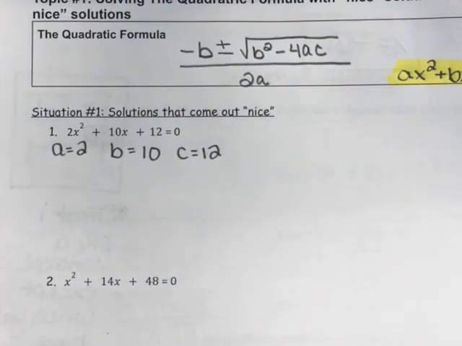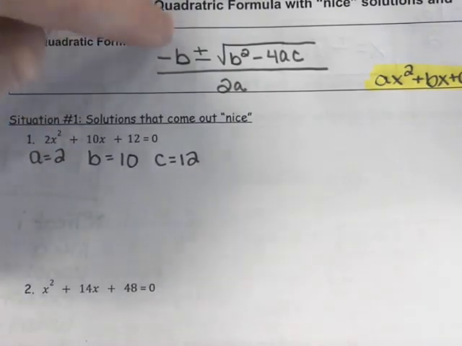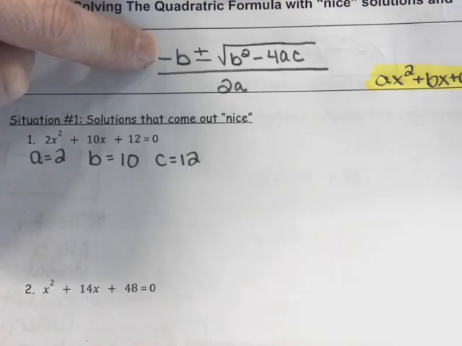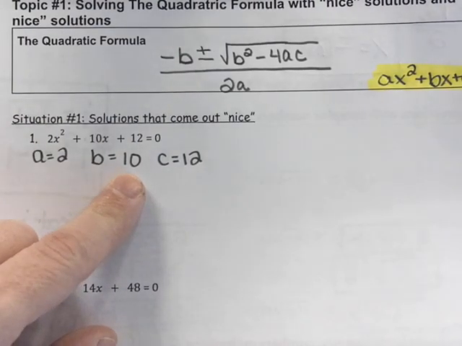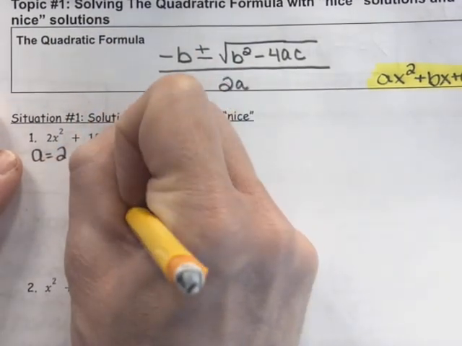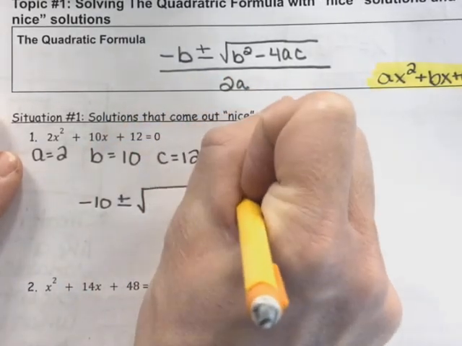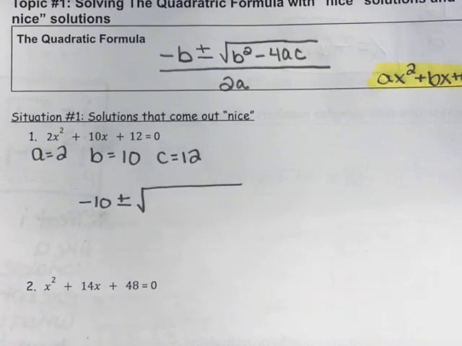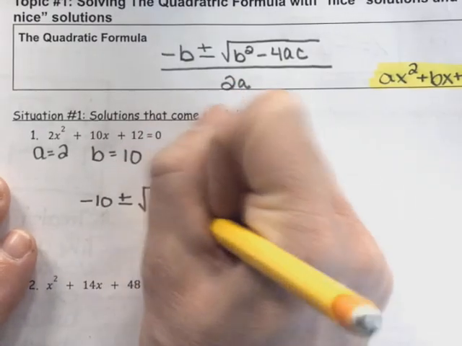So now we're going to take those and plug them into the equation. So this says negative b. Do you see how b was positive 10? So if I plug it in, it's going to become negative 10 plus minus the square root. And whenever I plug in the 10 here to square it, I'm always going to plug it in parentheses.